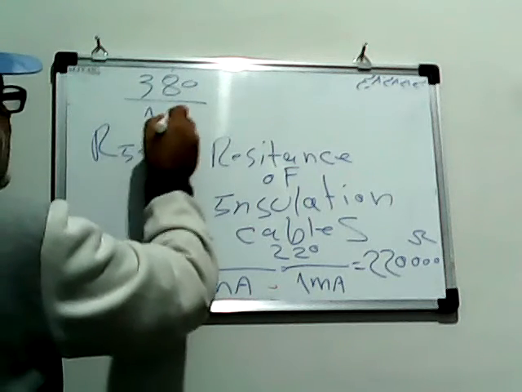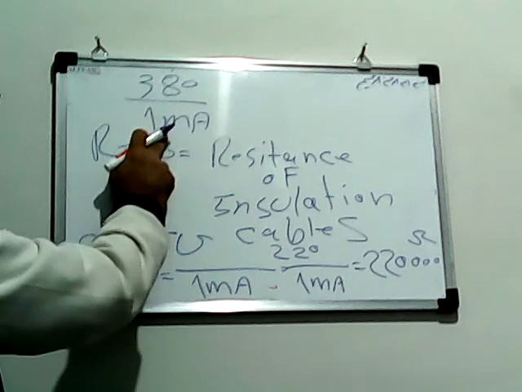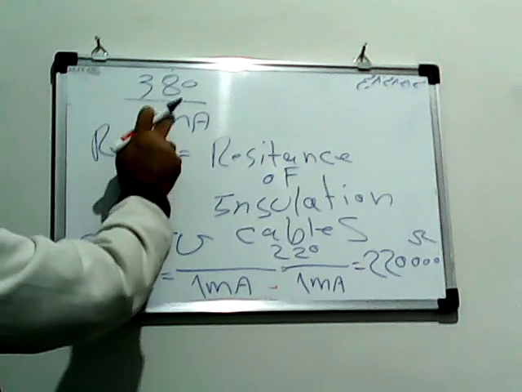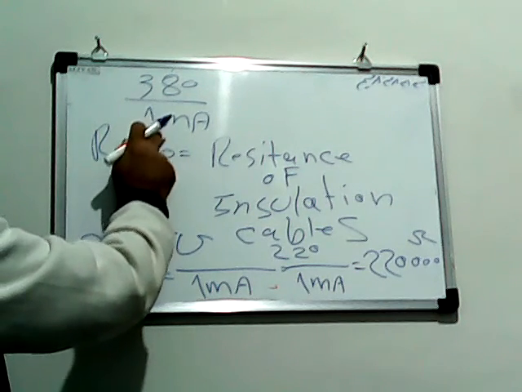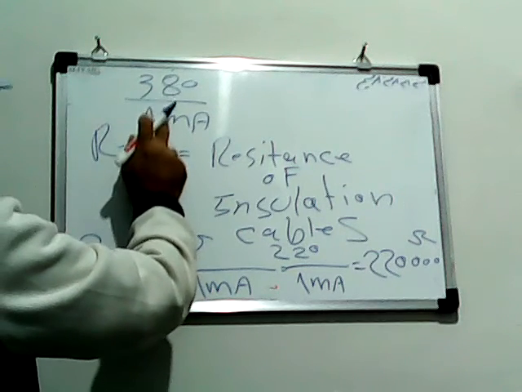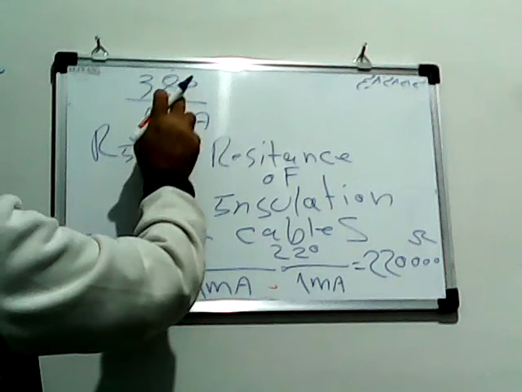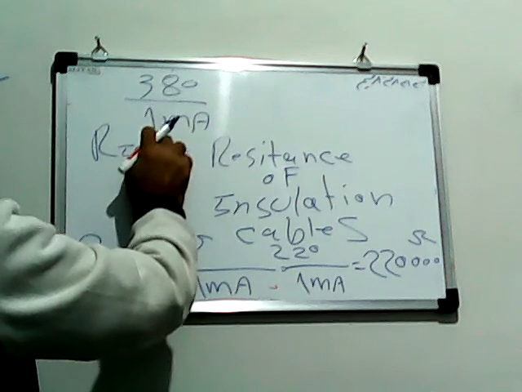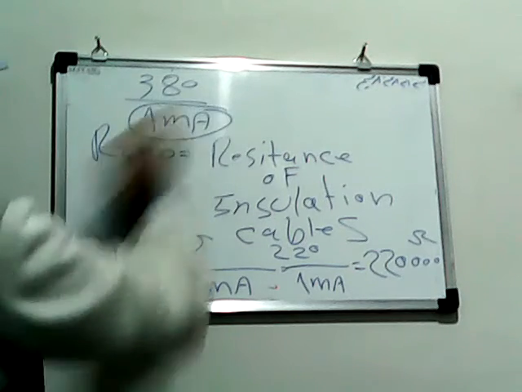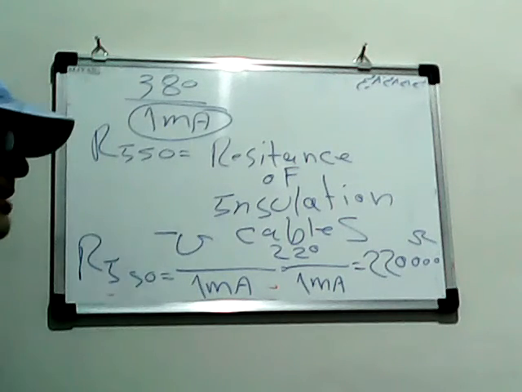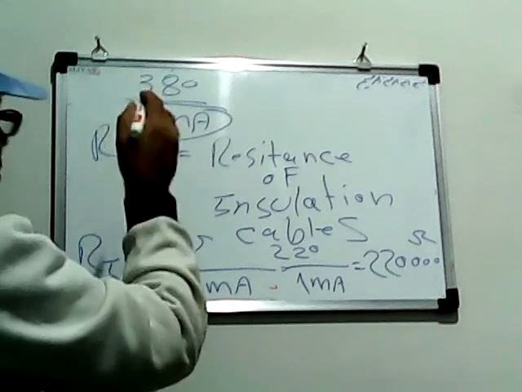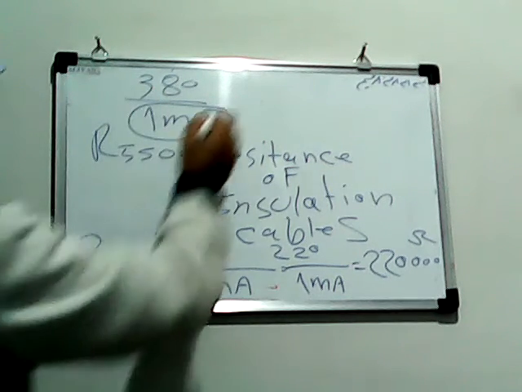For 380 volts, 1 milliampere is the limit of leakage of cable insulation. The limit of leakage current from the insulation of cable is a maximum of 1 milliampere. More than this is not permitted in your installation.